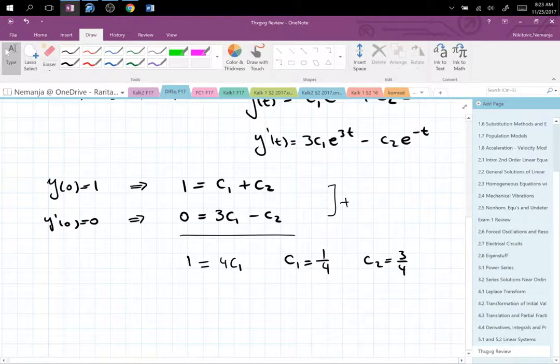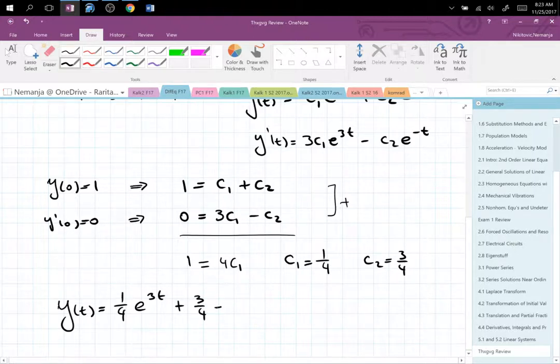This gives us the particular solution: y of t is equal to 1/4 e to the 3t plus 3/4 e to the negative t.